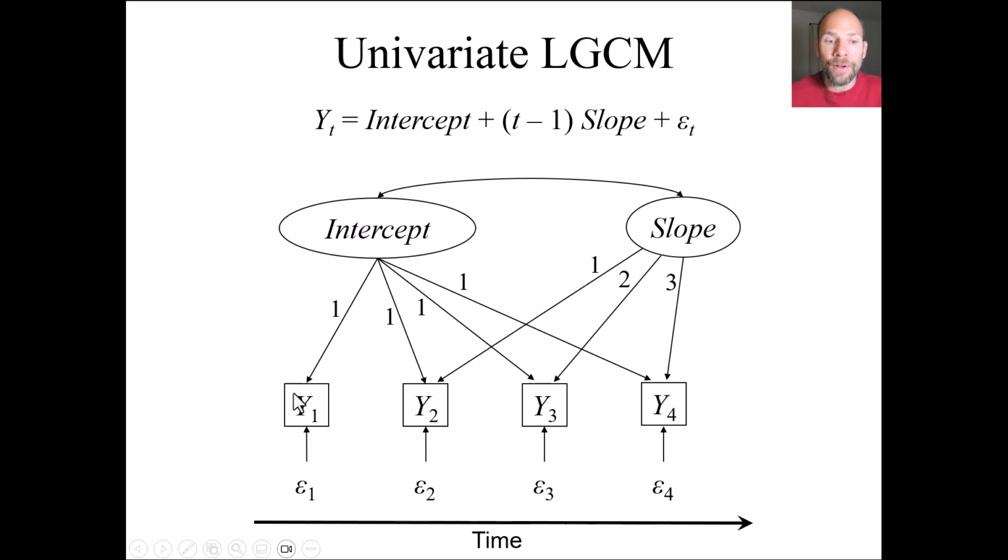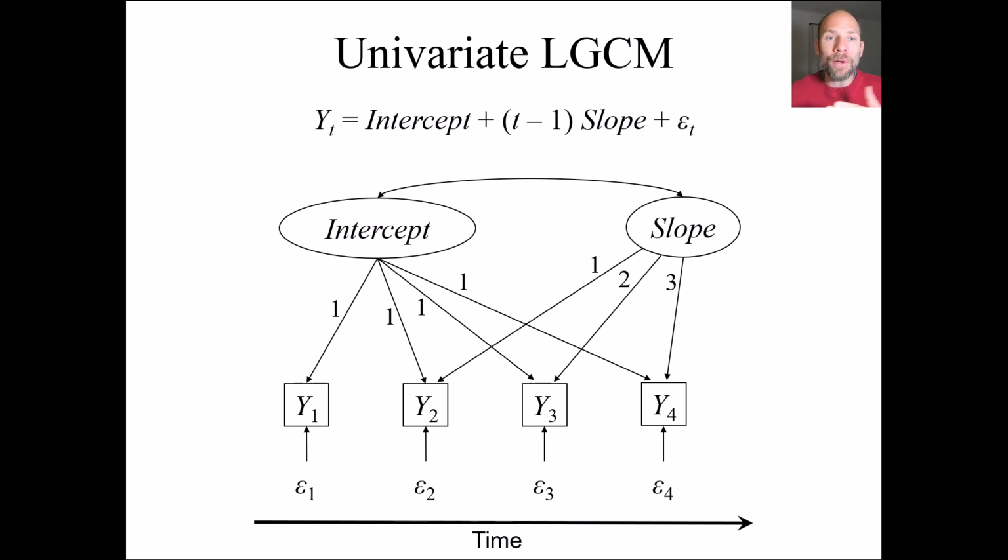So it's like a true score variable for y1, and then plus we have a slope factor in our equation which affects all variables except the variable at time 1, and it represents linear growth because the loadings here are fixed according to t minus 1, so a loading of 1 for time point 2, a loading of 2 for time point 3, a loading of 3 for time point 4, assuming that the measurement occasions here are all equally spaced. And then finally we have a measurement error variable epsilon t here, which comprises measurement error and time-specific variance that is not reflected in the growth factors.